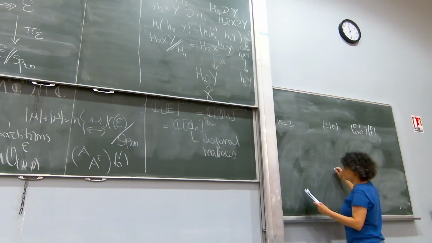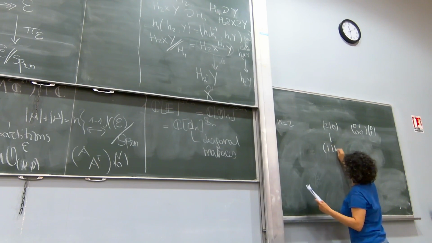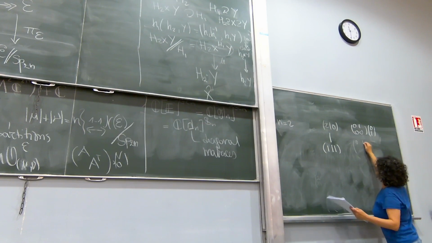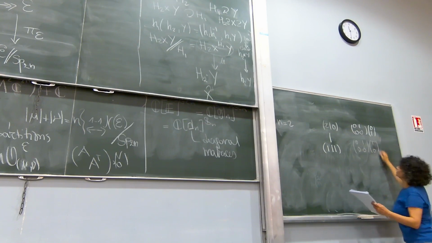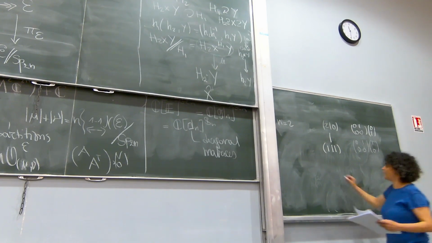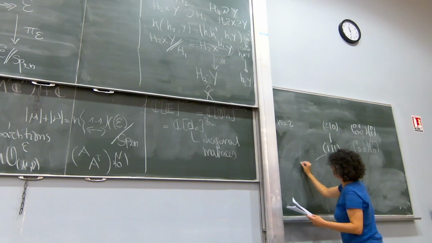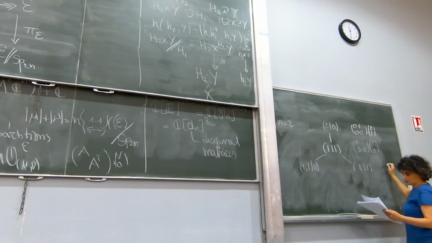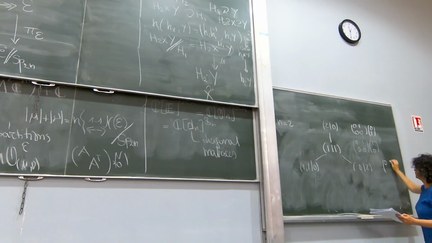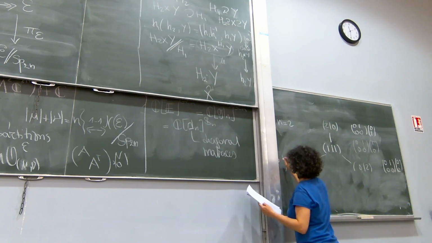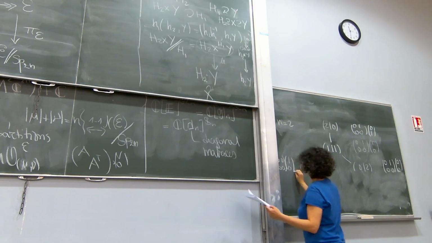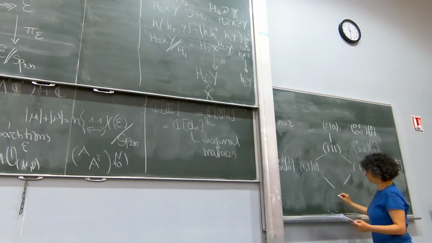And then this goes down to 1, 1, which is represented by 0, 1, 0, 0, 1, 0. And then you go down in 2 different ways. And then you have the trivial one.